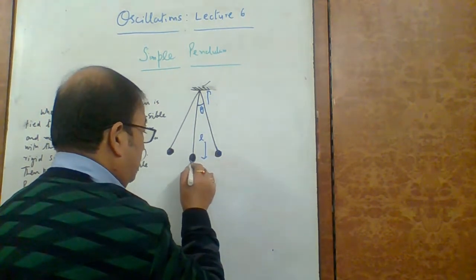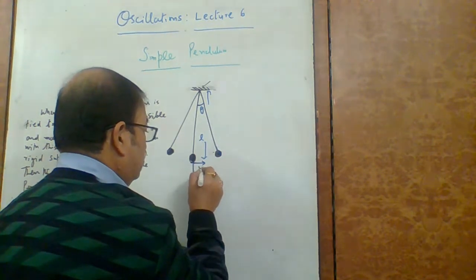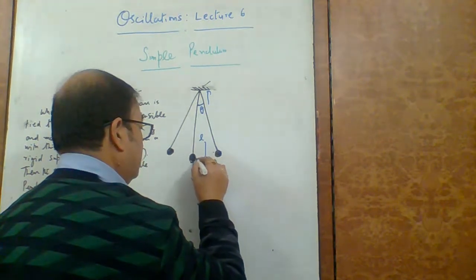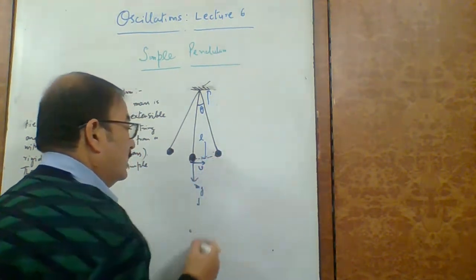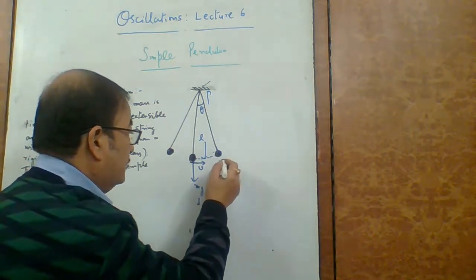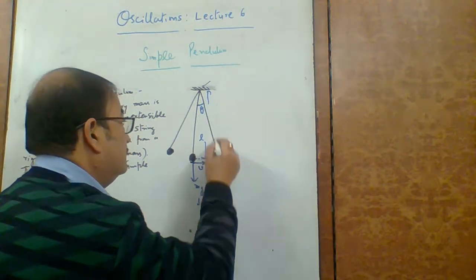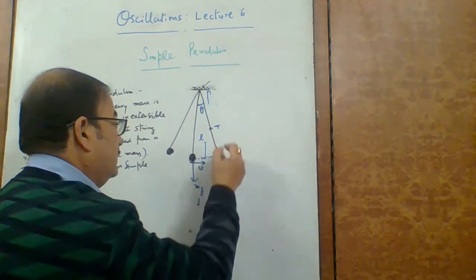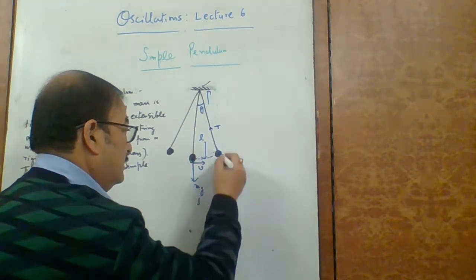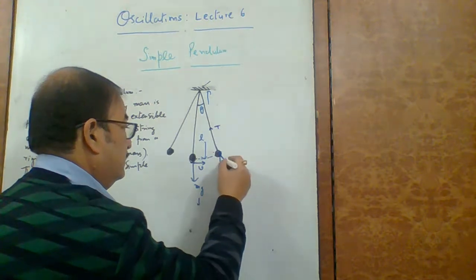Here the velocity is tangential, and it will move like this, a curve like this. At this particular point we have the tension T in the string, and mg is still here.